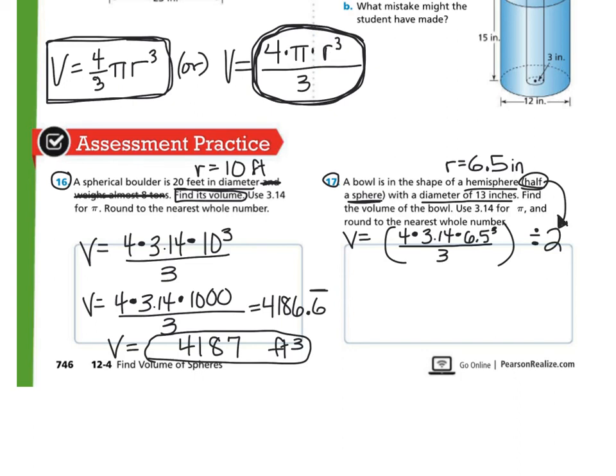It'd be like cutting a sphere in half and then taking the bottom part and creating a bowl out of it. So let's go ahead and calculate the volume of the entire sphere, and then we'll cut it in half. Do that part first and then come back and check that piece of your answer.